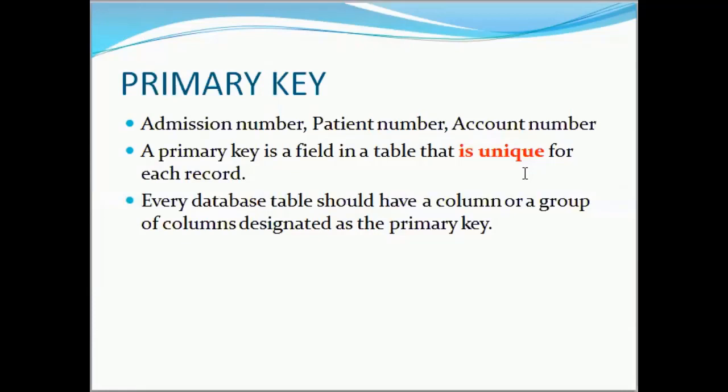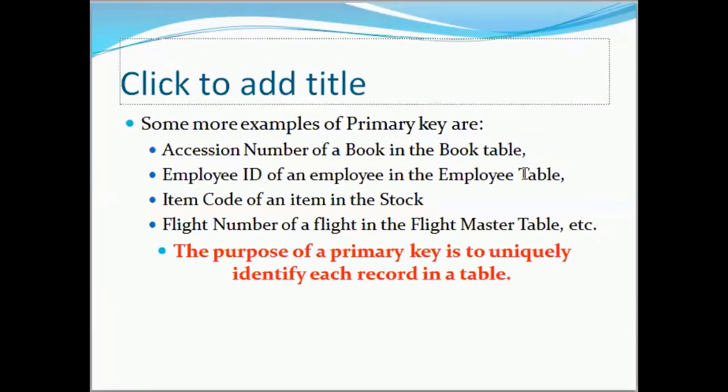The account number is a unique number which belongs only to a particular customer. Some more examples of primary key are accession number of a book in a book table, employee ID, item code of an item in the stock, and flight number of a flight.